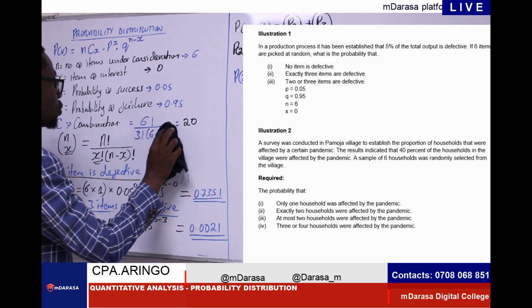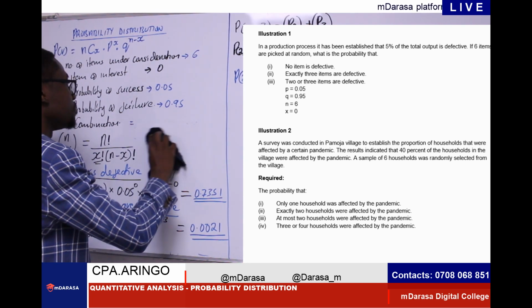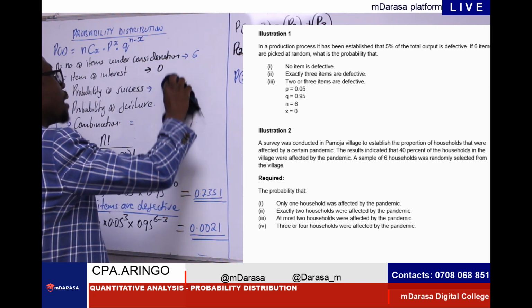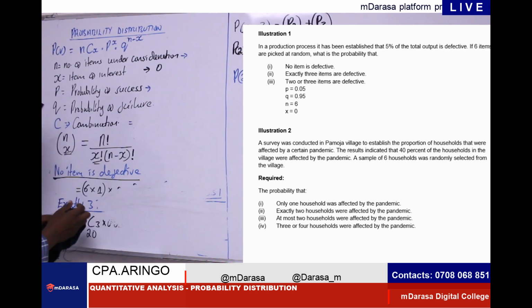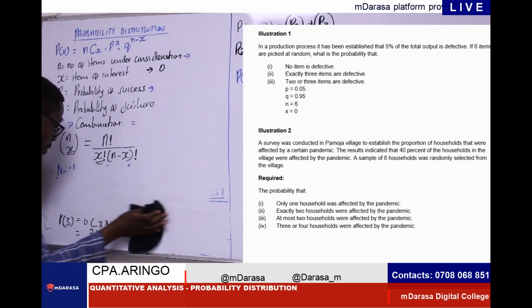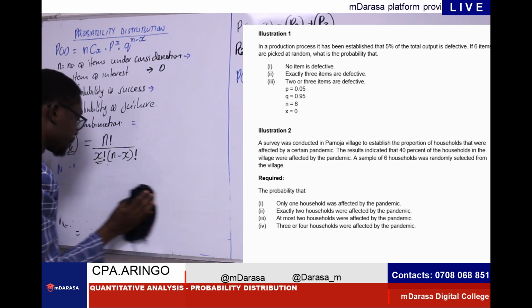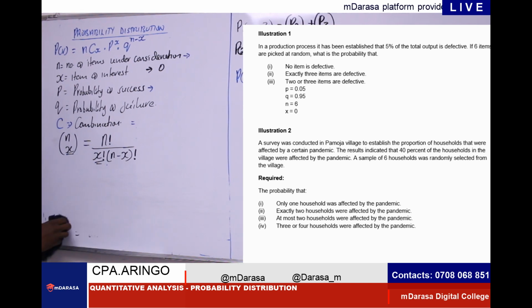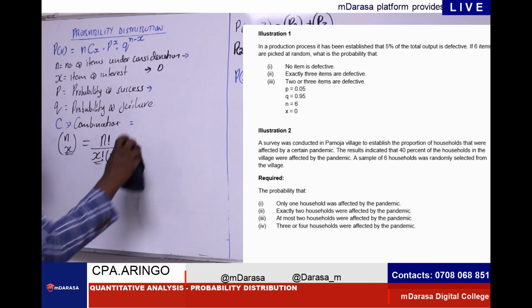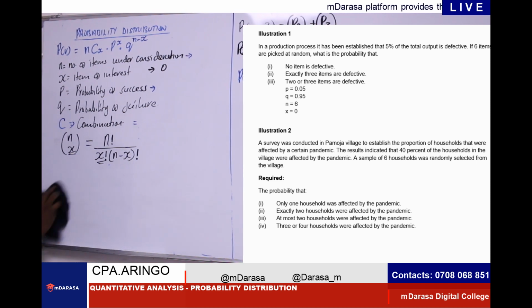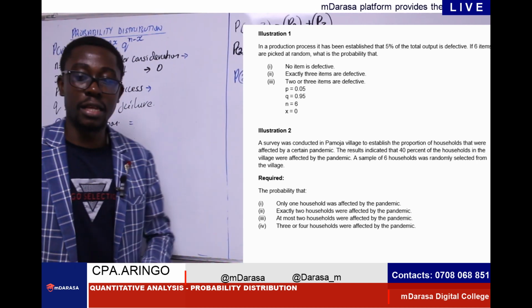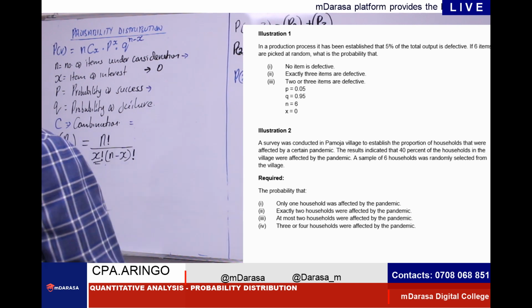I'm going to erase this bit, because we looked at all this earlier in our class. So long as you know how to determine the binomial coefficient, you're just good to go.